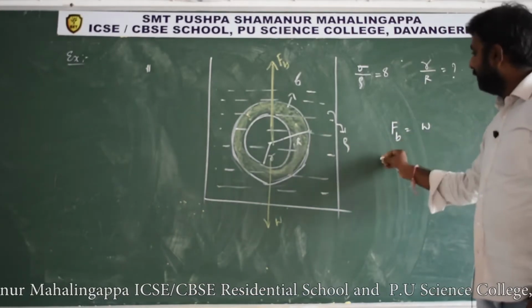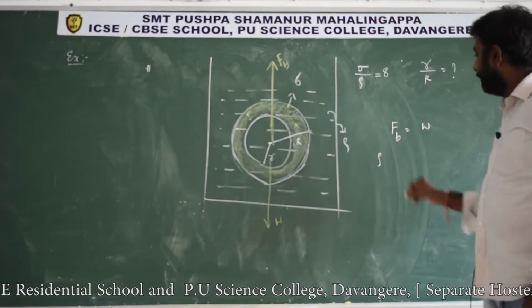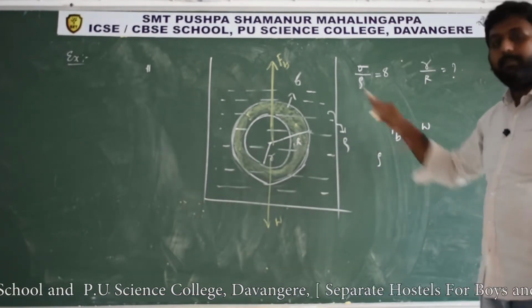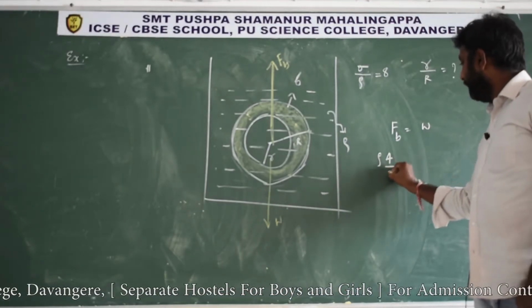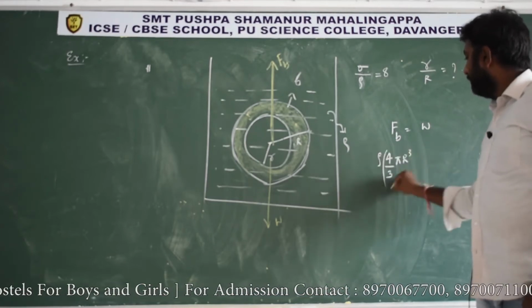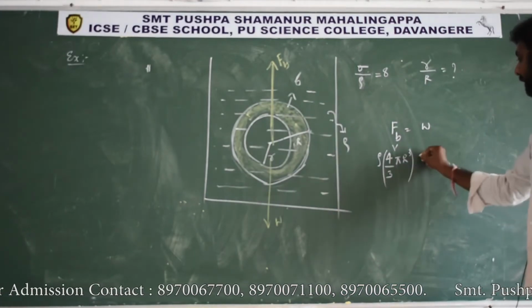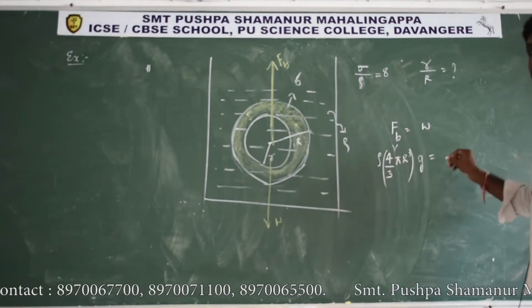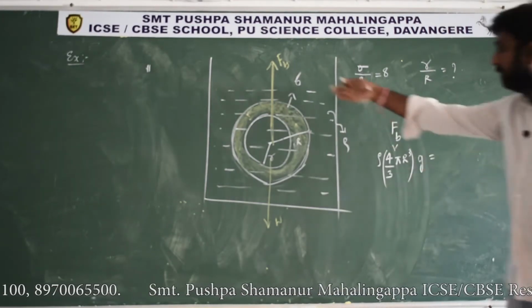Rho means we have to take the density of liquid into volume. What is the volume of the sphere here? Volume of the sphere is 4 by 3 pi R cube. This is nothing but the volume of the sphere, and g is acceleration due to gravity as it is. Then the weight of the sphere.